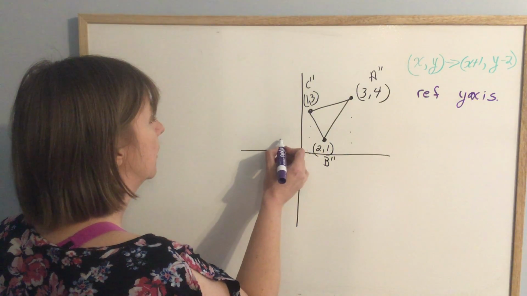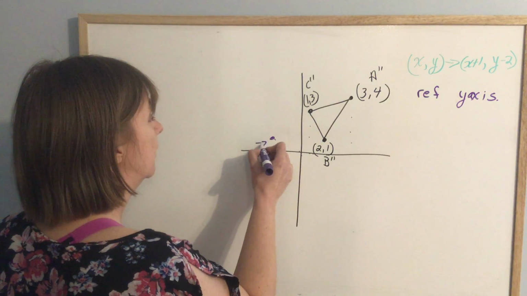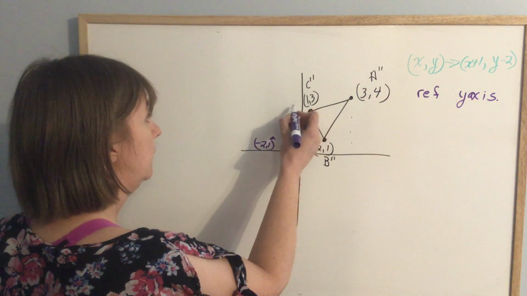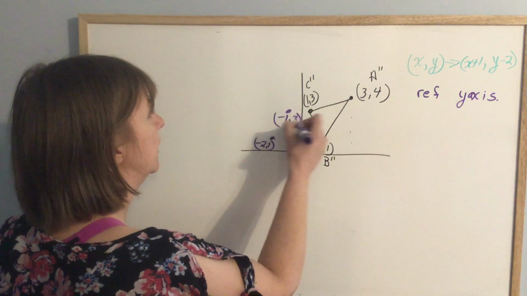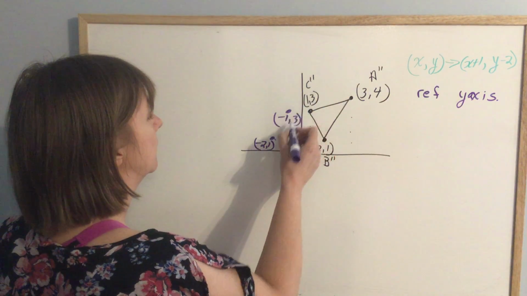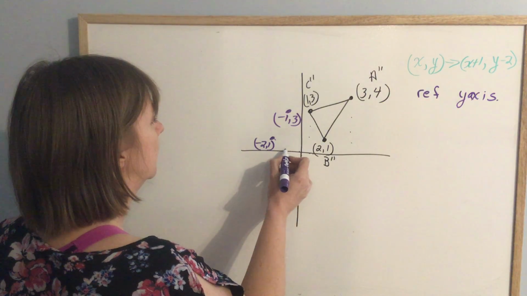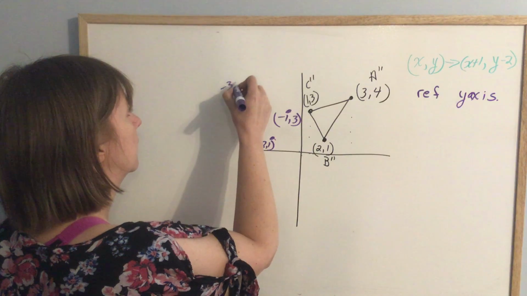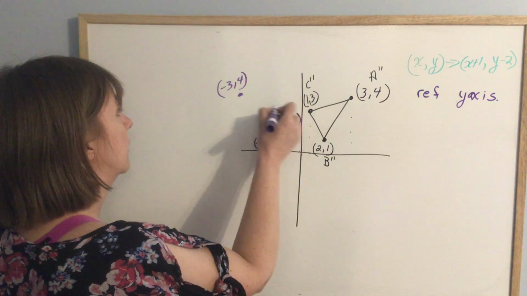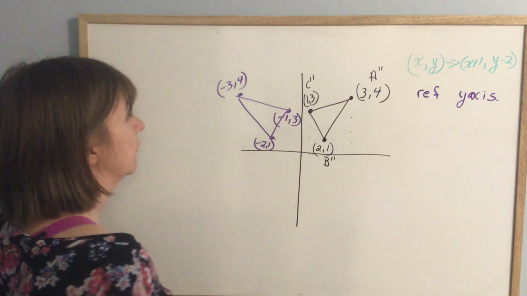So this is going to become -2 and 1. This is going to become -1 and 3. And this is going to become -3 and 4. So it's here now.